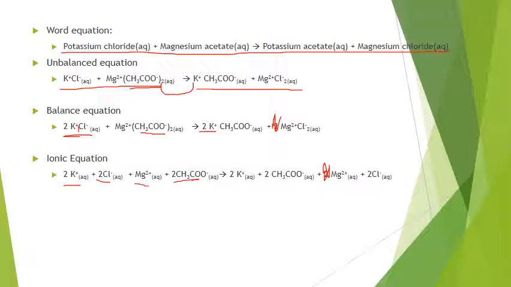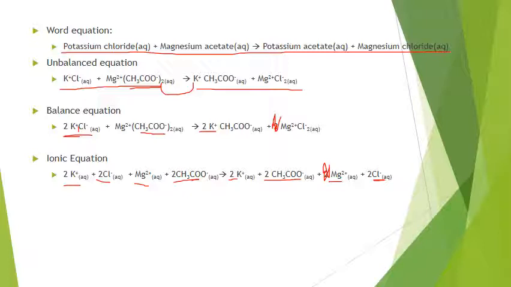For the potassium acetate, each potassium splits apart from the acetate, and it does that twice. So you have 2 K pluses and 2 acetates. The magnesium, the chlorides, 2 chlorides attached to each magnesium, they split off. So you have the magnesium splits off with 2 Cls.